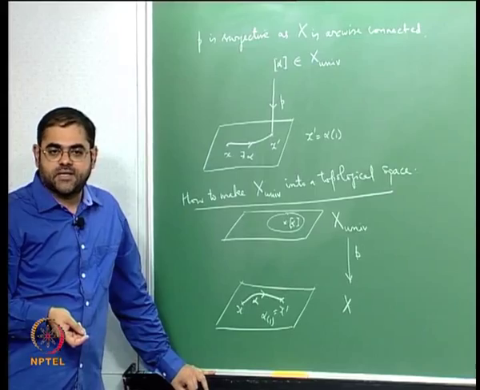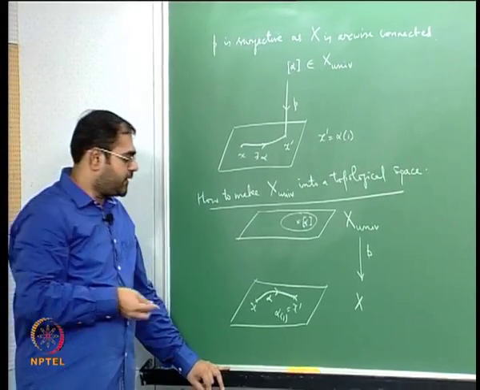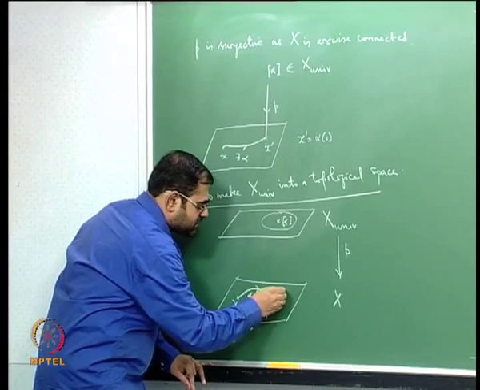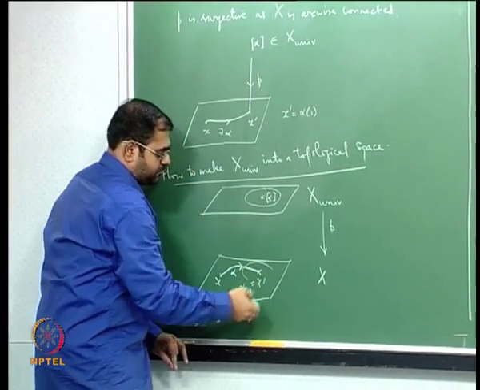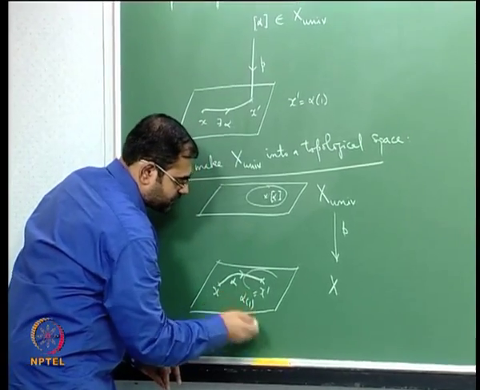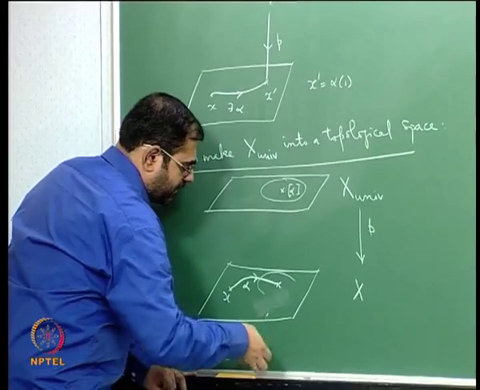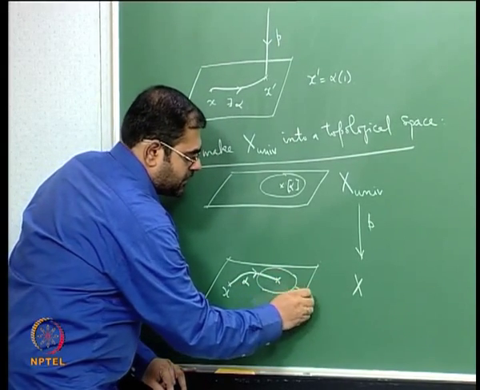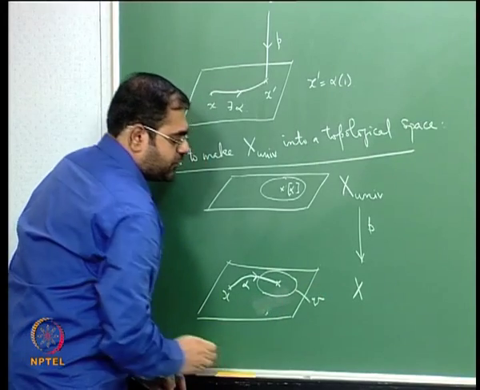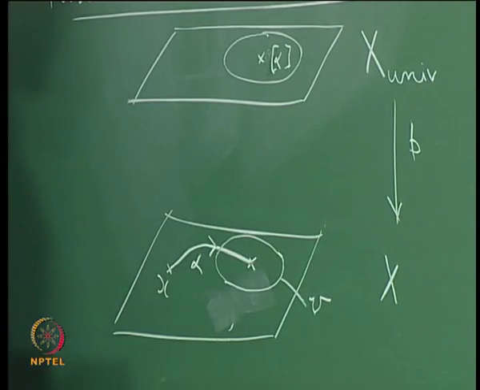A covering map has to be an open map because it's a local homeomorphism. So you would expect this to go down to something here. Let me draw it like this, and let this be an open set U which contains alpha of 1.